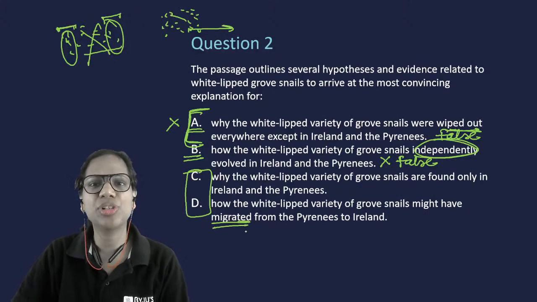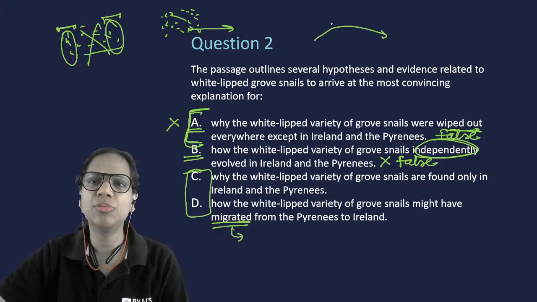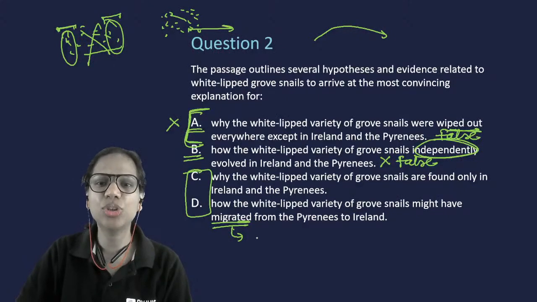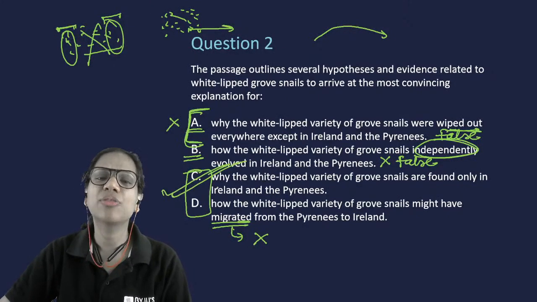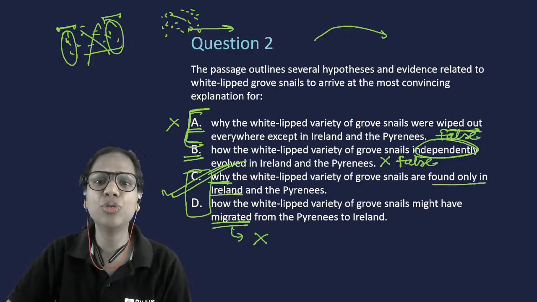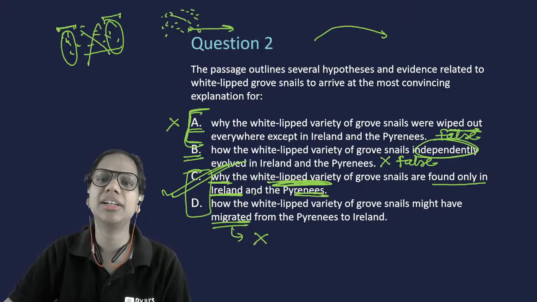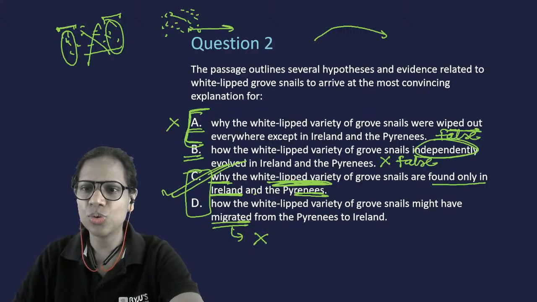See, birds and animals migrating means they go from one place to the other because of a change in seasons. That is migration, right? They didn't go themselves. They were taken on boats. So we're trying to arrive at an explanation of why the white-lipped variety is found only in Ireland and the Pyrenees. Okay, so our answer is C.